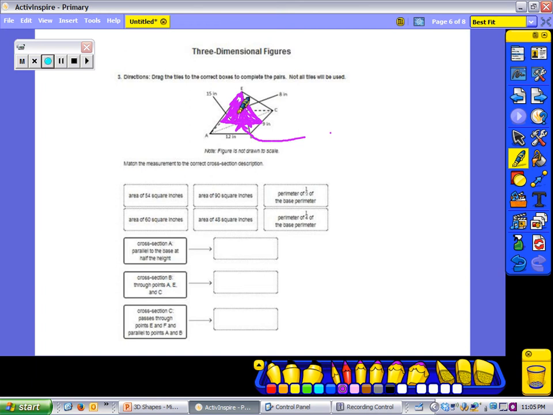And so now we've got to figure out what the area of this triangle is, because once again we can't figure out the perimeter, so we know it's not that. So this triangle would have a base of 12, you can see that there, and a height of 8. And so that's my formula, base times height divided by 2.